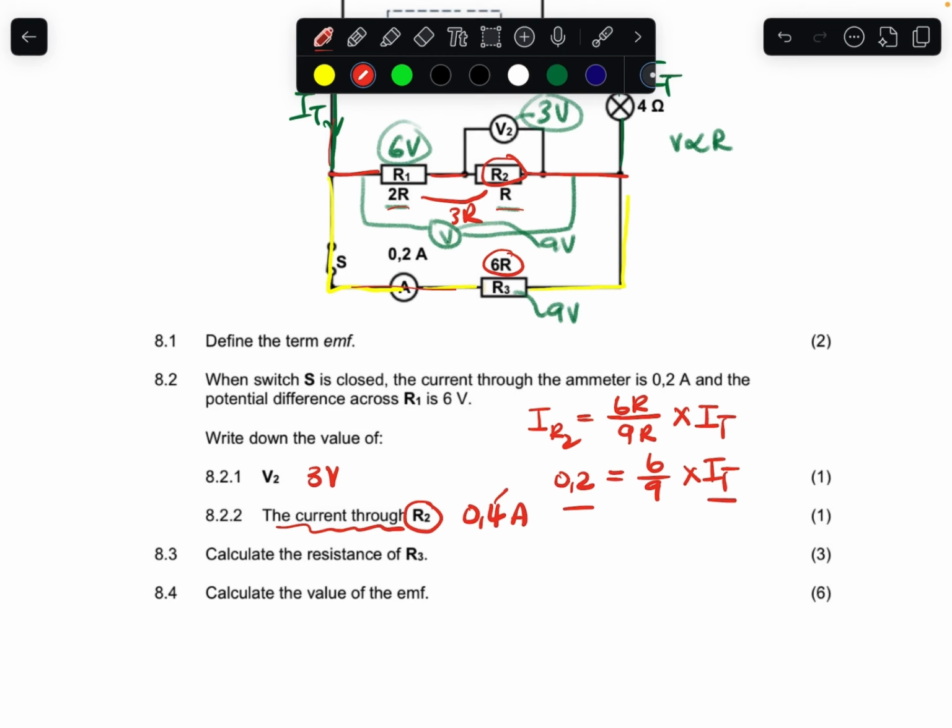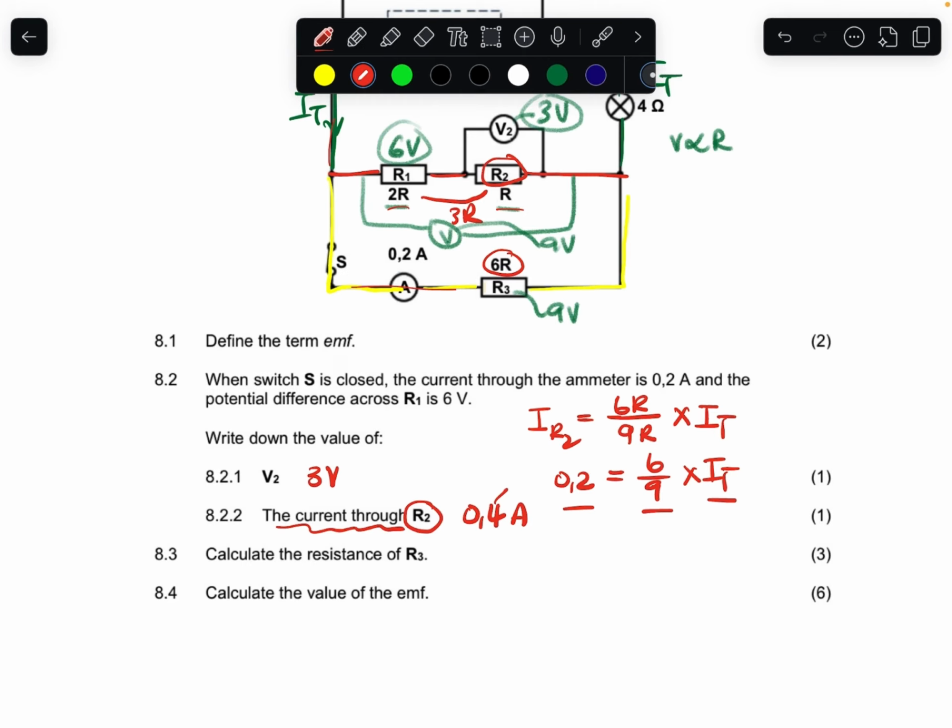So we say 0.2 divided by 6 divided by 9, it's 0.3. Something not correct.